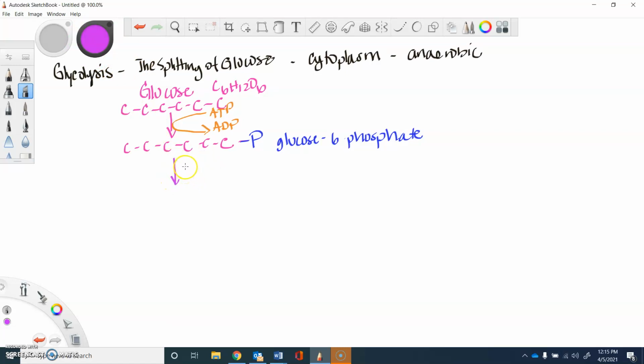Okay? So now we have glucose 6-phosphate, and we're going to add another phosphate group on here. Write it out here. So make it a 6-carbon molecule with a phosphate on each end. This molecule is called fructose 1,6-bisphosphate.